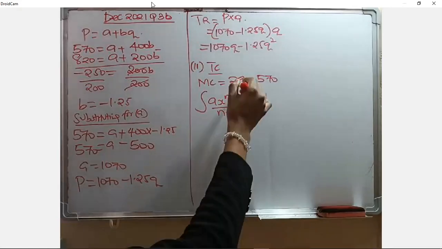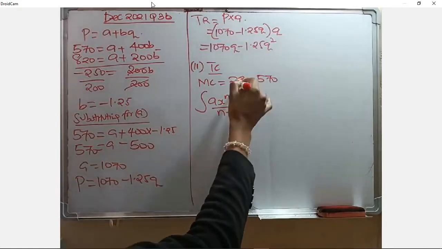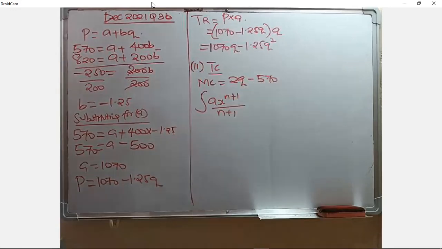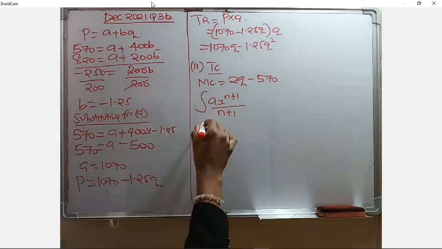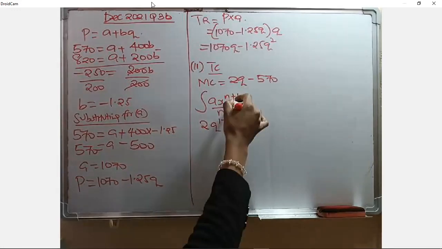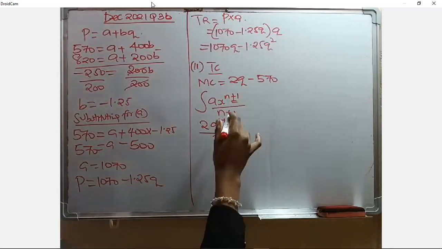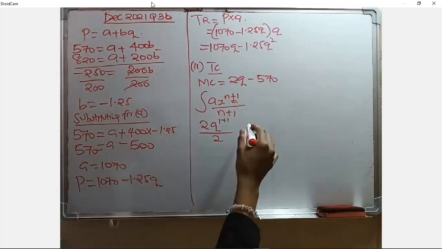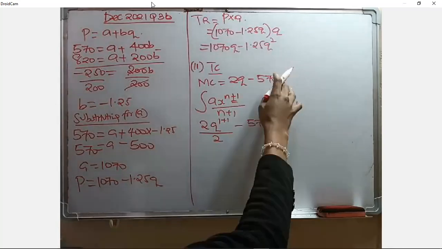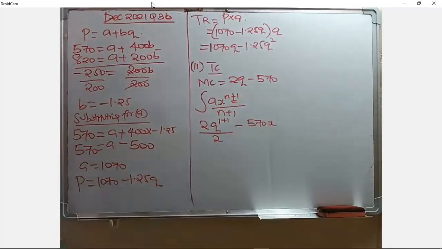It means the marginal cost is an equation which has already been differentiated. Let us integrate. You take 2Q, 1 plus 1, because you are increasing the power, then you divide by the new power, which is 2, minus 570x, because X is power 0 there.